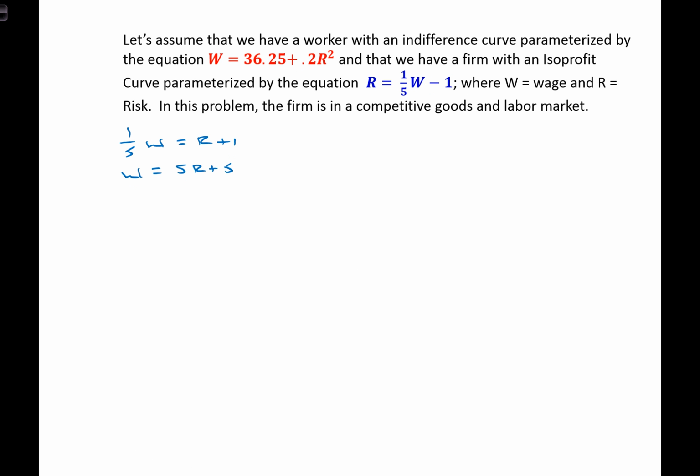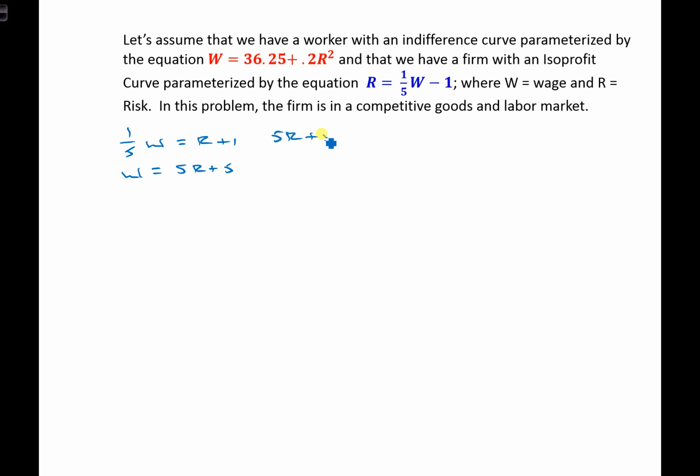And I can go ahead then and substitute this value of W into this equation, or that's another way of saying I can set them equal to each other. If W equals W, which it clearly does, then 36.25 plus 0.2R squared equals 5R plus 5. So let's look at that.